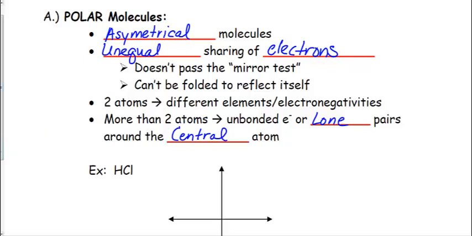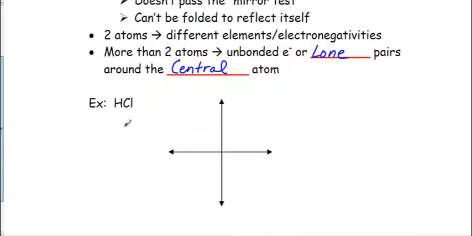Okay, so here's an example, HCl. And what I'm going to do is I'm going to show you how this bond forms, H, with the structural formula, single bond here, okay, sharing of two electrons. And we did this in the previous lesson. So this is a linear shape, and because it's linear going this way, left to right, or we can write it up and down, but this is not symmetrical.